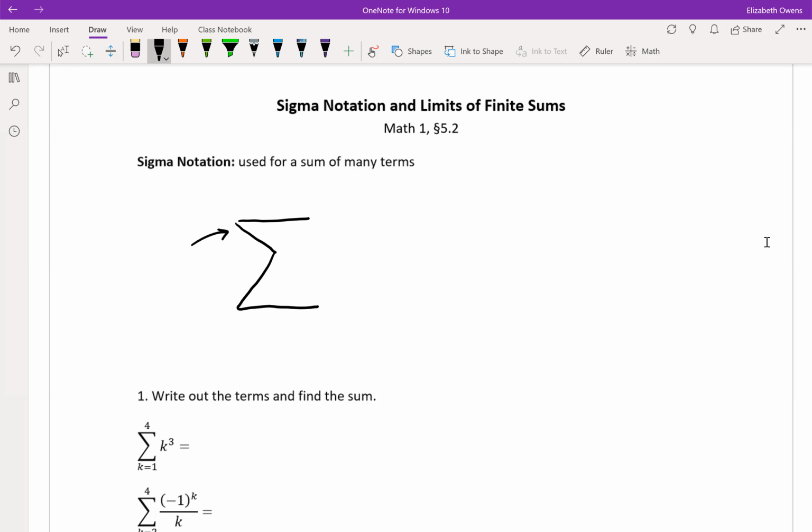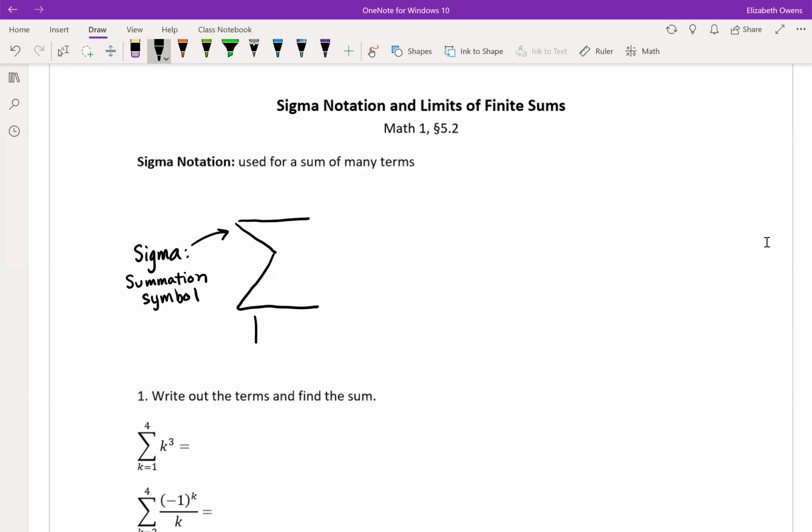But this is the Greek letter sigma, which is, I think, the Greek equivalent of a capital S. And that is our summation symbol, indicating that we're going to take a sum of some different terms. And on the sigma symbol, we have some different things written around it.